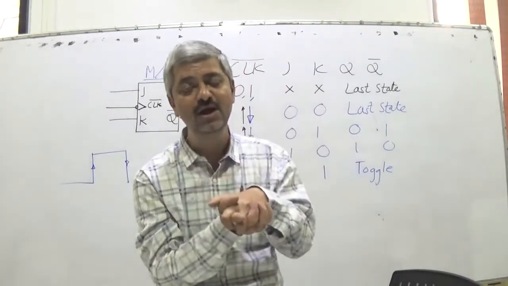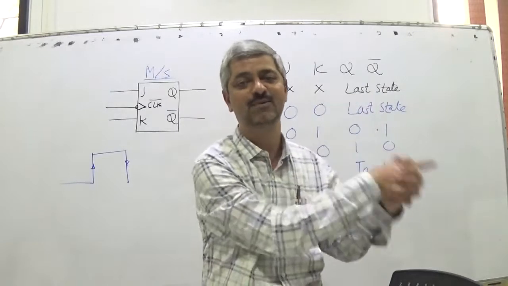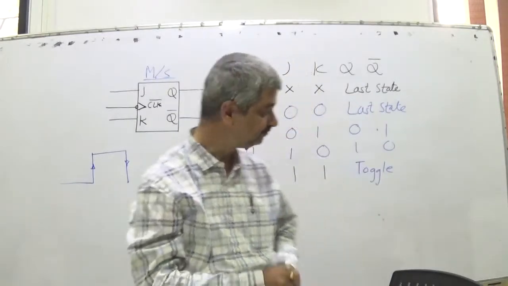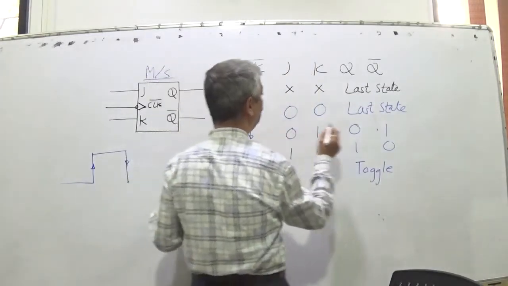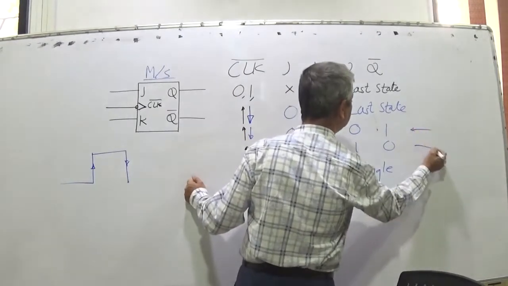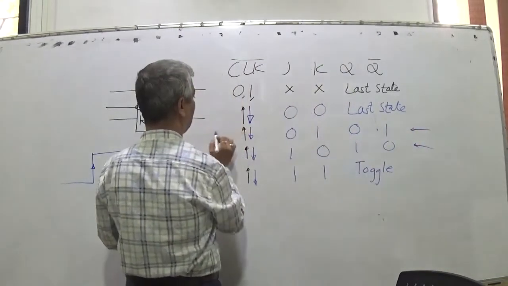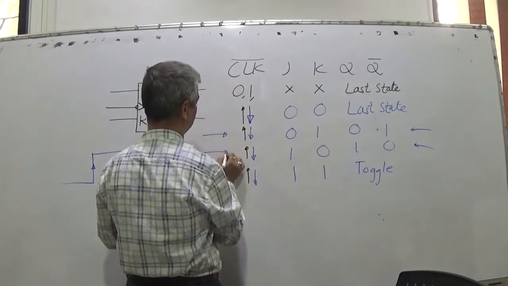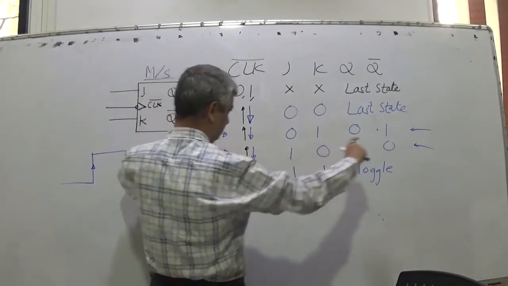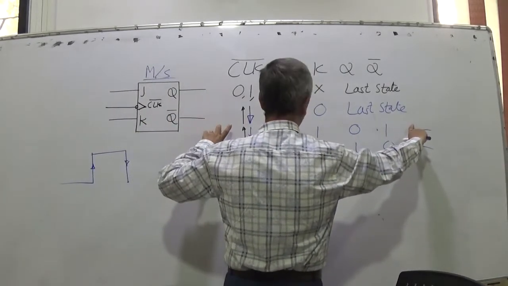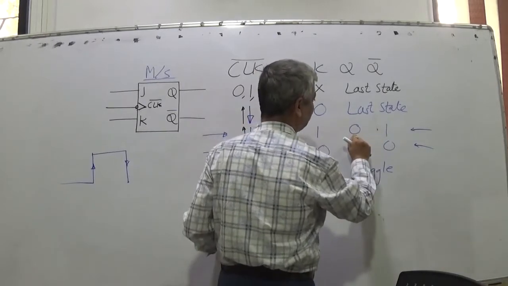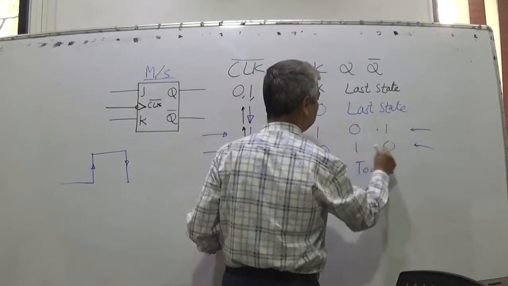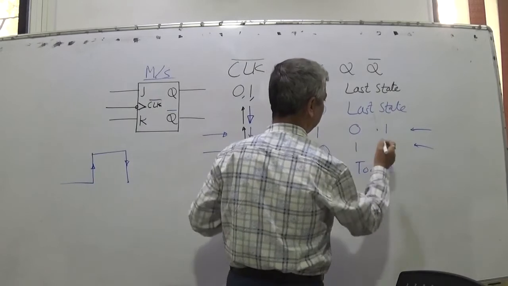Inputs are 1, 0, outputs are 1, 0 irrespective of last state. So in these two combinations, it is acting just like a combinational circuit. Means in these two cases, output is fixed and not depending on last state.